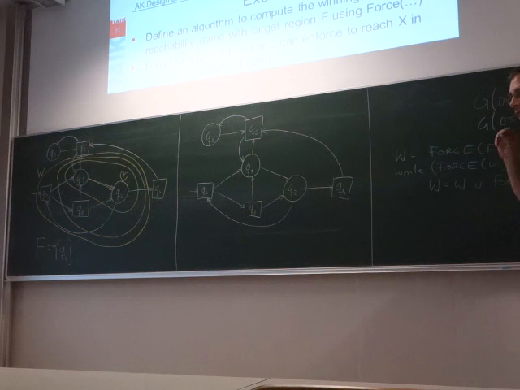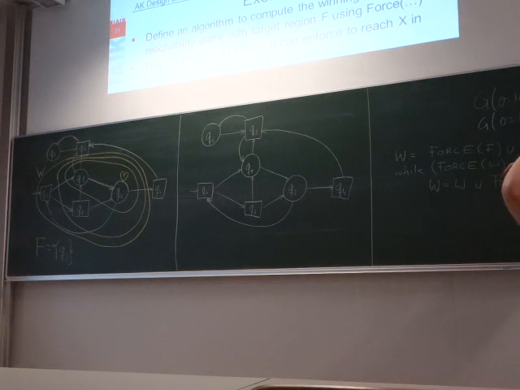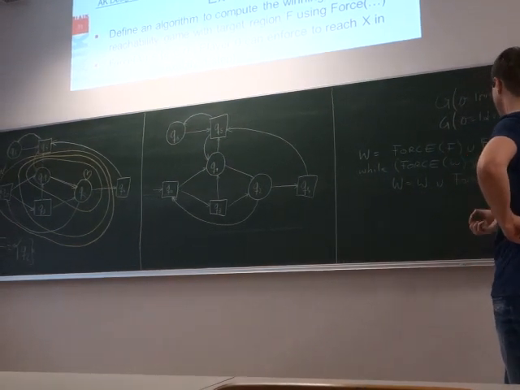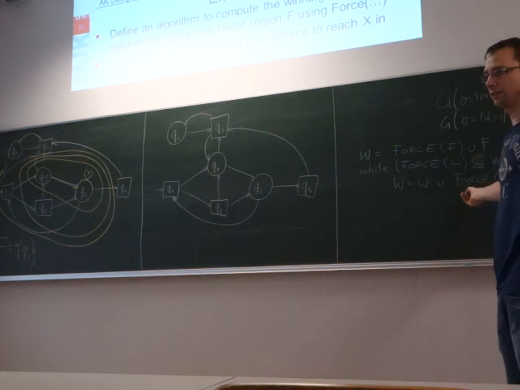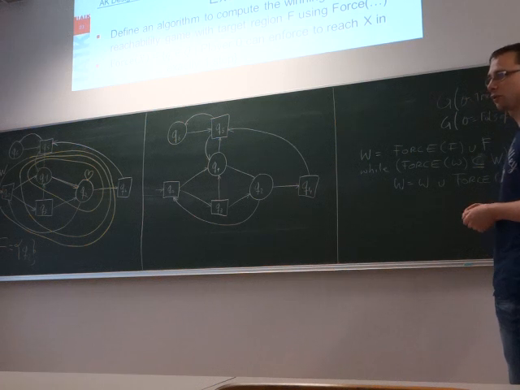While the winning region changes. While we change. Yes. I was just thinking how I could fix it more closely to this solution. We could say that force y, if this is a subset of w, then we do not get any new states in the next iteration. So this would be one solution how we could fix this.